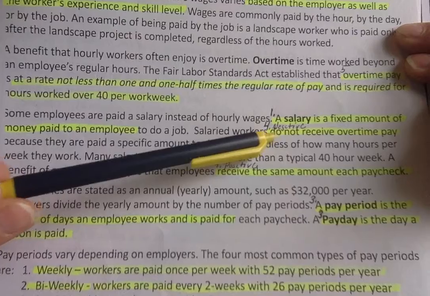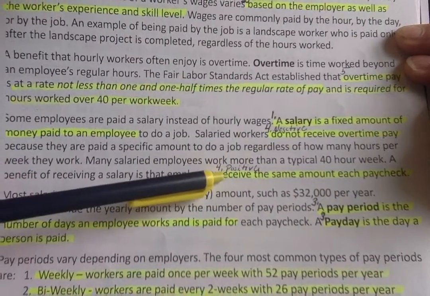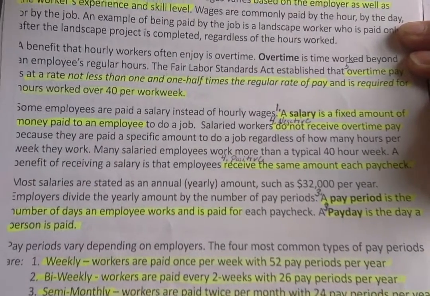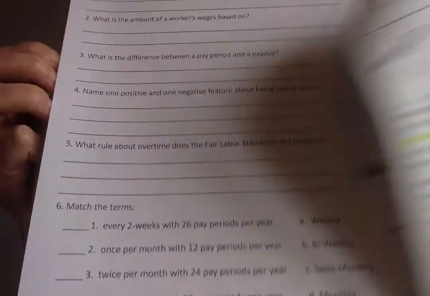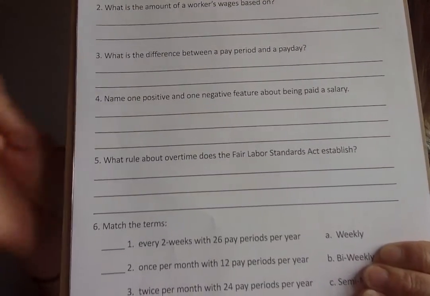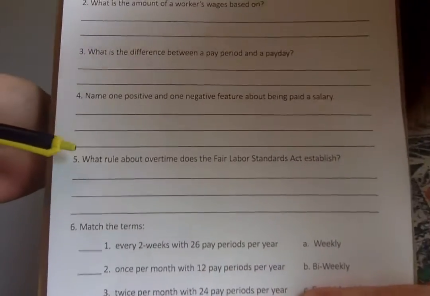One negative is they do not receive overtime. One positive is they receive the same amount. Okay, so you can just put that right in here for your answer for number 4. All right, number 5.